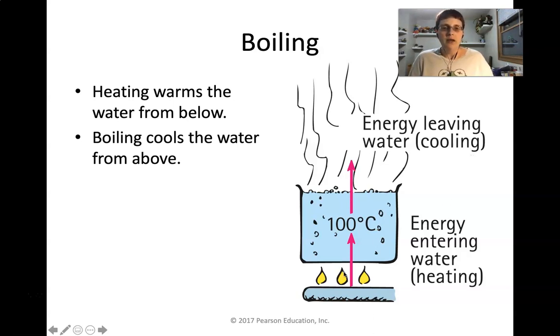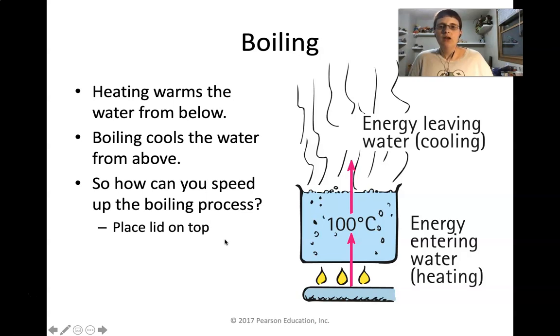So when you're boiling something in an open pot like this, you're constantly having to put in heat and lose it because you're evaporating it. So how can you speed up the boiling process? Say you want to get a pot of water boiling, put a lid on top. Because if you put a lid on top, that traps the heat and keeps the energy from leaving the pot and will help you get this boiling faster.